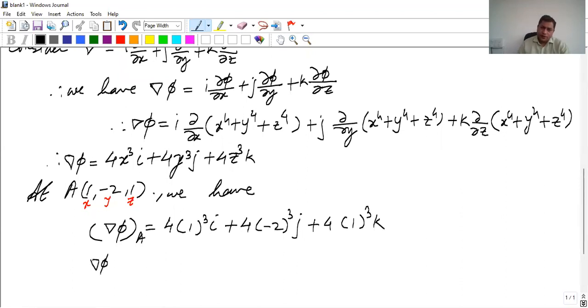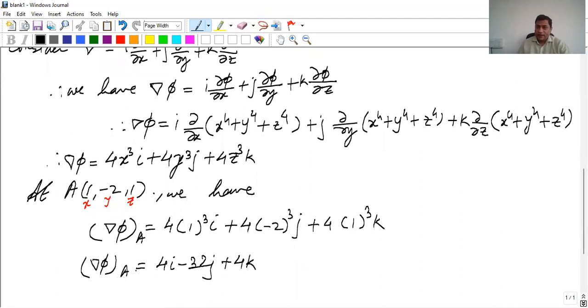So we get del phi at A is equal to 4i, and this term will be minus 32j, because minus 2 cube is going to be minus 8, and plus 4k.